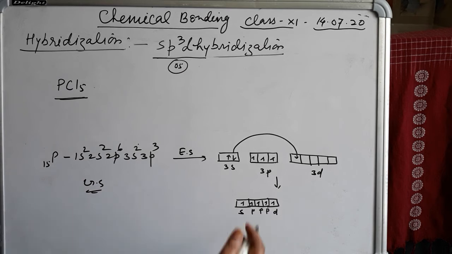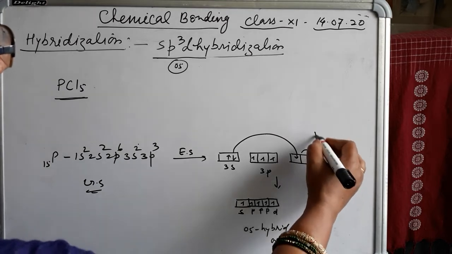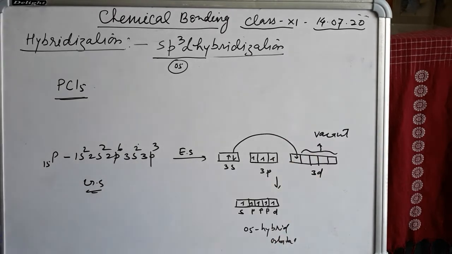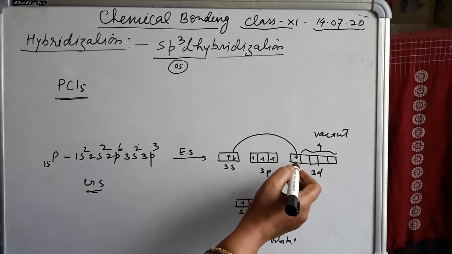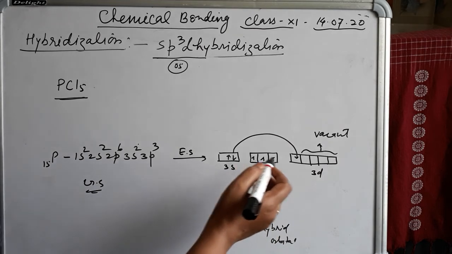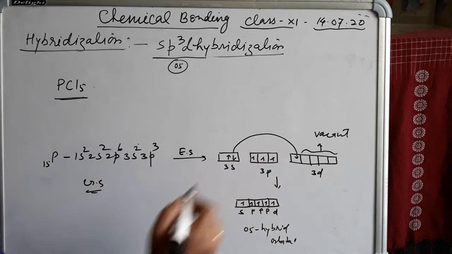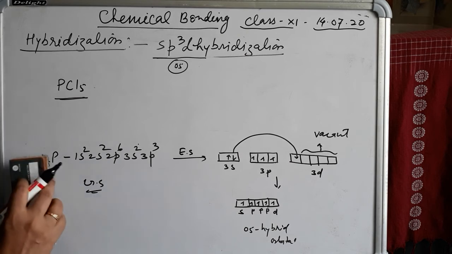So we have 5 hybrid orbitals. When electron promotion takes place, the s electron goes to the vacant d orbital. So the total number of orbitals involved is 1 from s, 3 from p and 1 from d. The total number of hybrid orbitals becomes 5. So how are they arranged in space? See here.